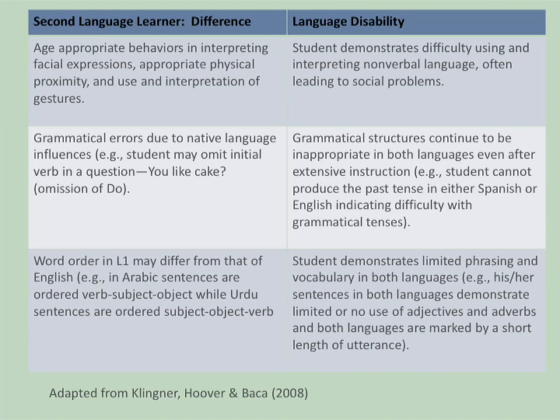I know we say don't compare to siblings, but sometimes that is the only comparison that you have. So do the parents share with you that a child's language development is typical to their peers and their friends and their relatives, even in their home country, or has that trajectory been different? That's information that you need to work with the parents to understand.